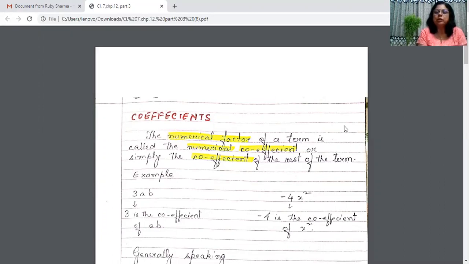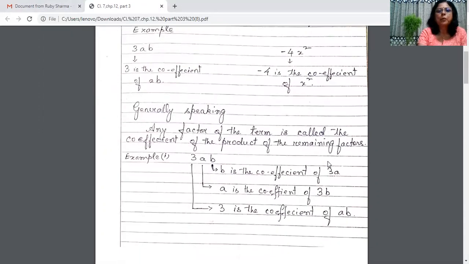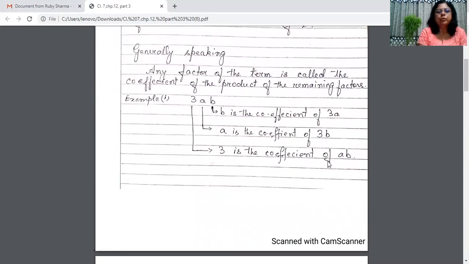But it is not that coefficient only means numerical factors. It can also be algebraic factors. So generally speaking, any factor of the term is called the coefficient of the product of the remaining factors. That means suppose we have the term 3ab.